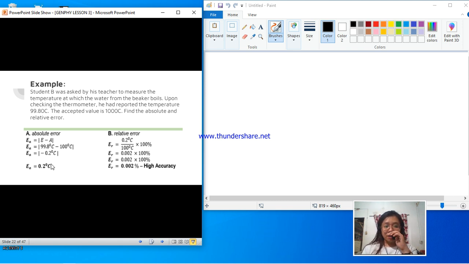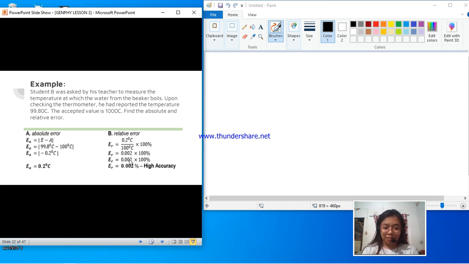After getting the absolute error, get the relative error, the percentage. Sa percentage, yung nakuha mong absolute error, i-divide mo lang po sa 100, yung accepted value natin. 0.2 divided by 100 is equivalent to 0.002.